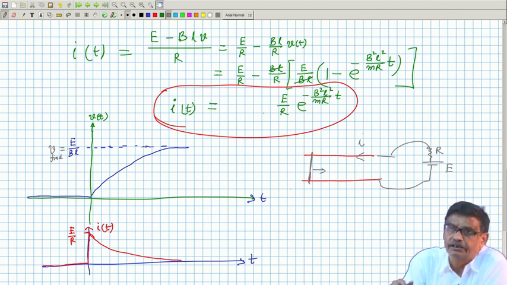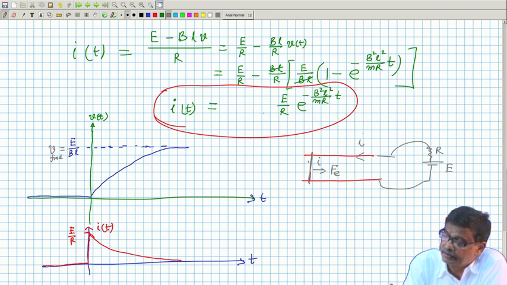If you put more weight on this mass, the friction to be overcome will be much more. This is the direction of the electromagnetic force we have seen, and this is your direction of I.